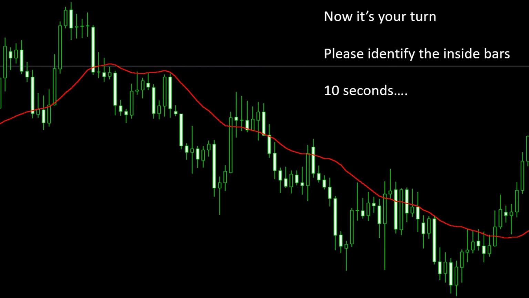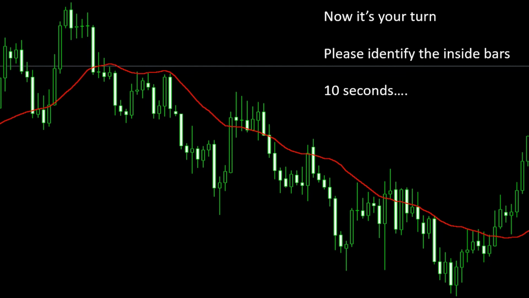You can also do it here, but the thing is when you want to set up a stop loss, your stop loss is pretty high because this candle is very high. That's the reason I prefer to take the trade here, because the size of this candle compared to this candle is pretty big.